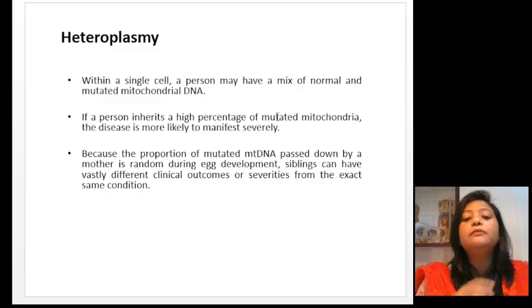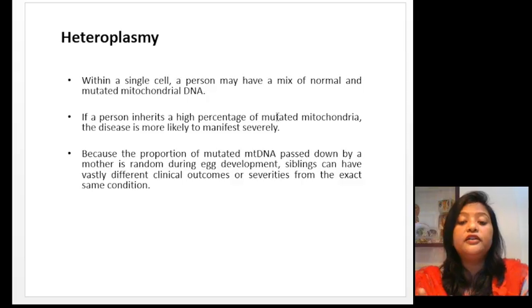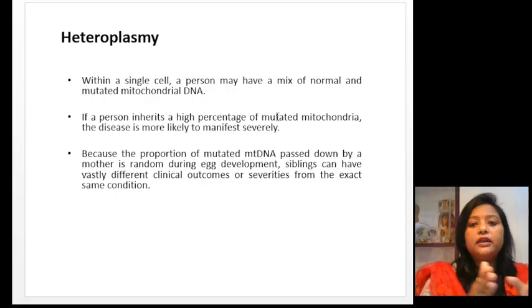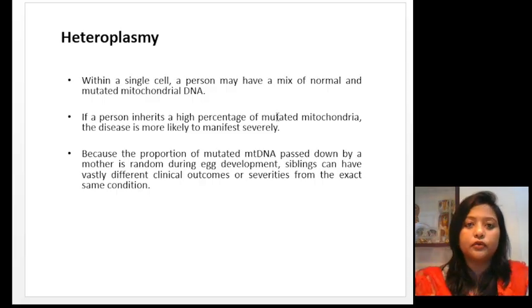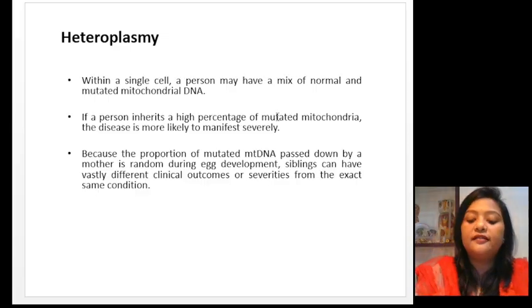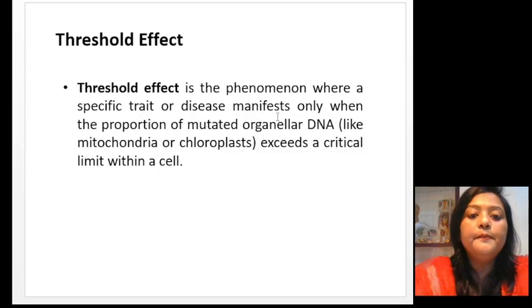They might have the same condition, but the severities and outcomes will be different in those siblings. Why? Because this transfer occurs randomly. It is not sorted out that he will get 20, she will get 20. So this passing on is random, so they will have different severities. This is called heteroplasmy.